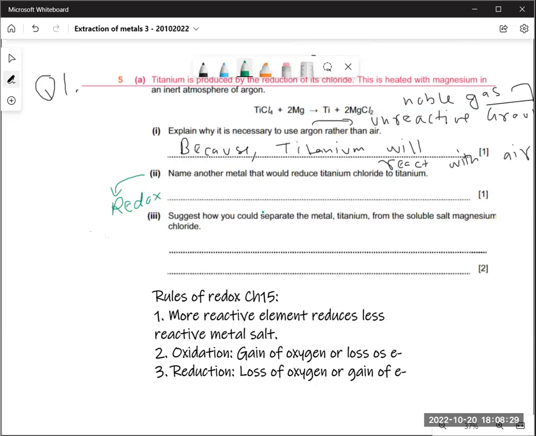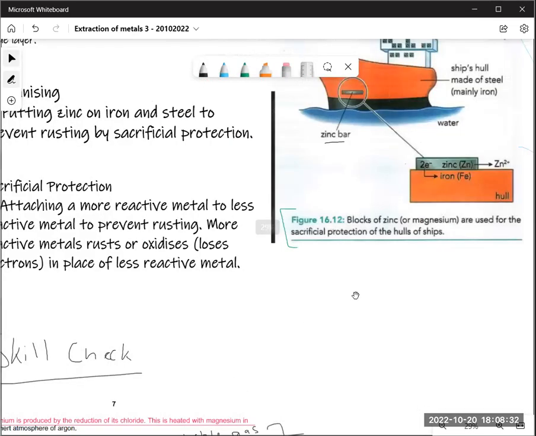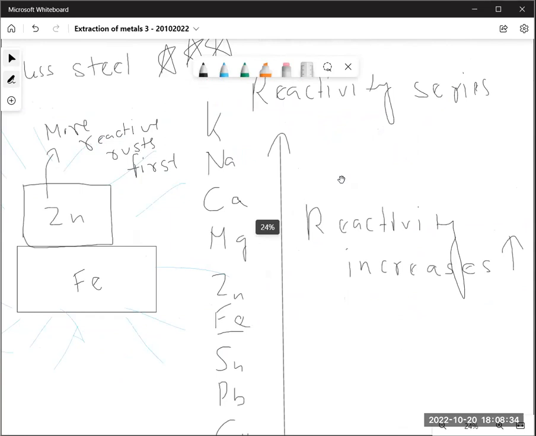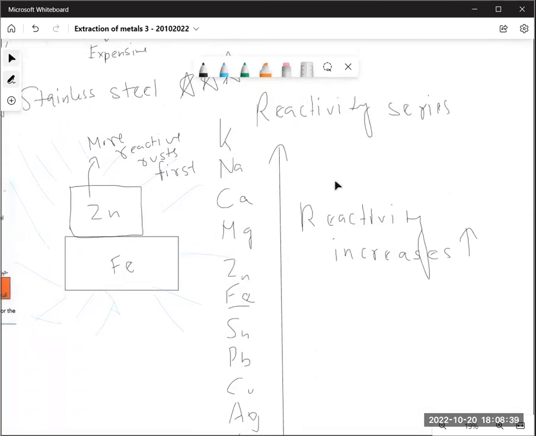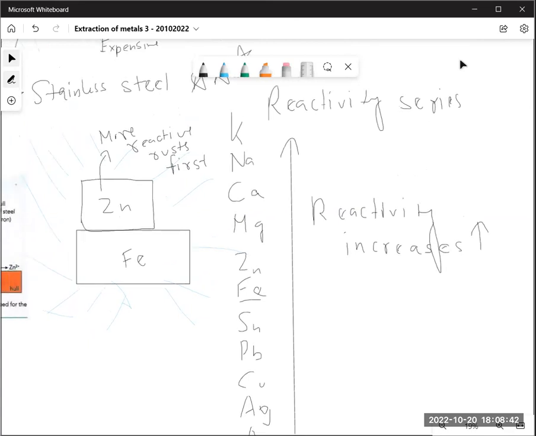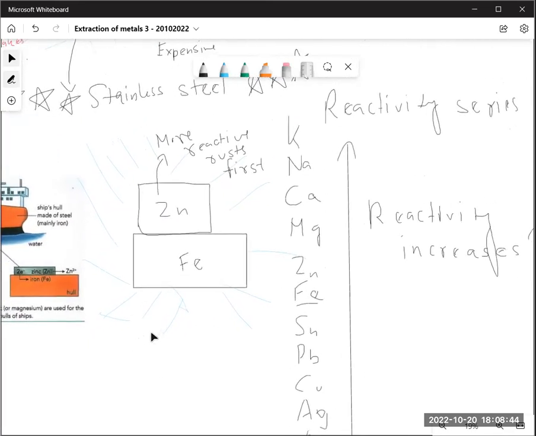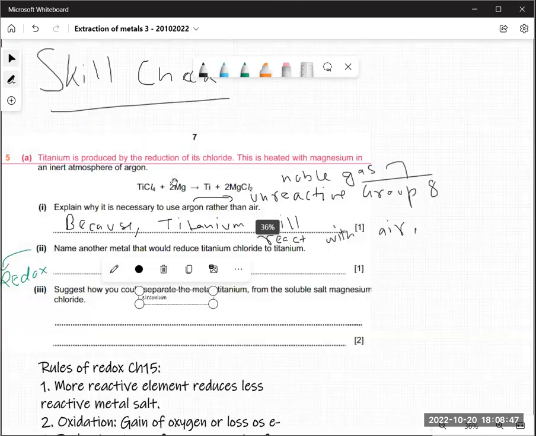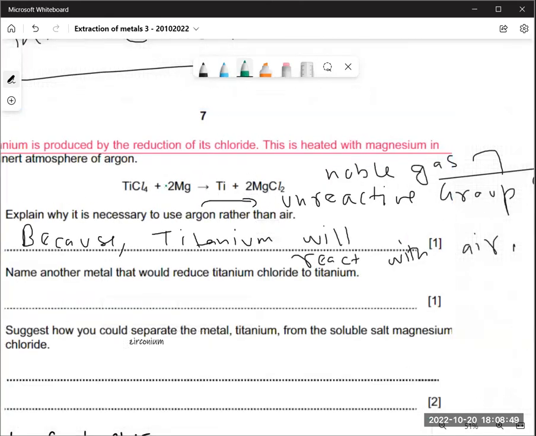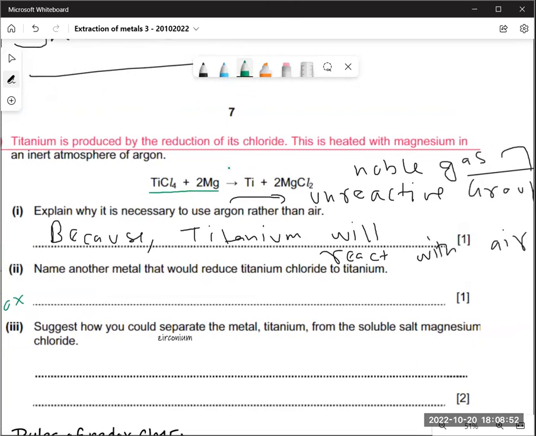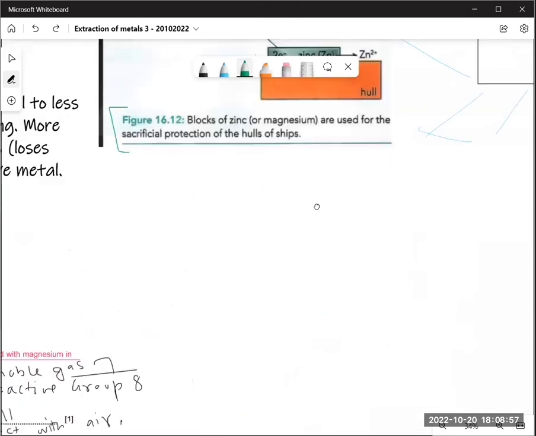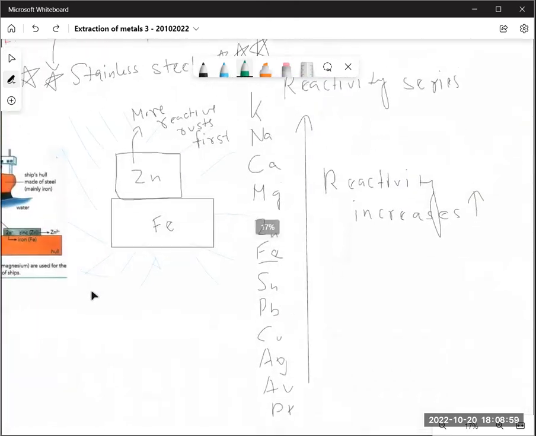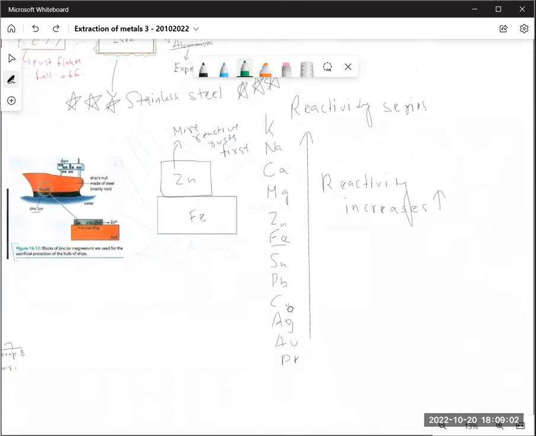So give me another metal from the reactivity series, something more reactive than titanium. Potassium, most reactive. You can say sodium, calcium. Magnesium is reducing titanium here. Francium? No, because it is not part of your syllabus and it's not in the reactivity series.